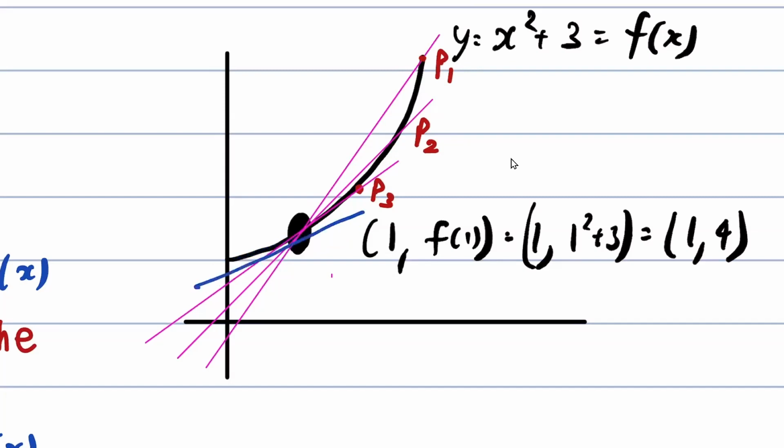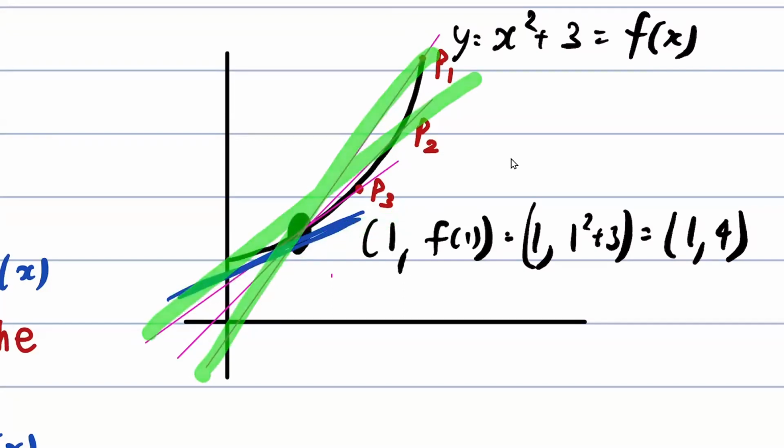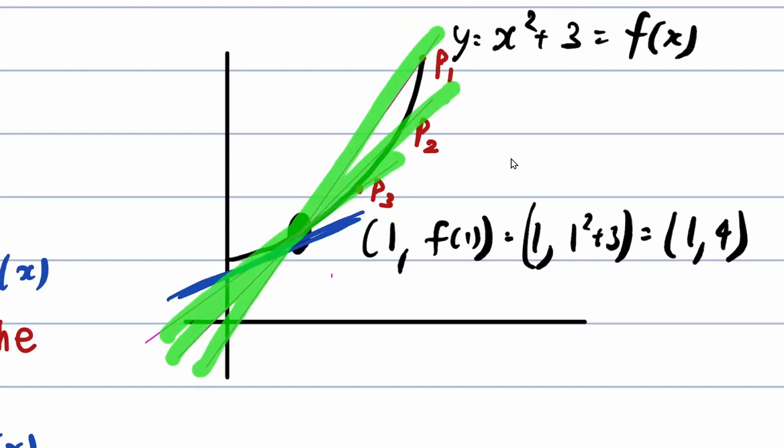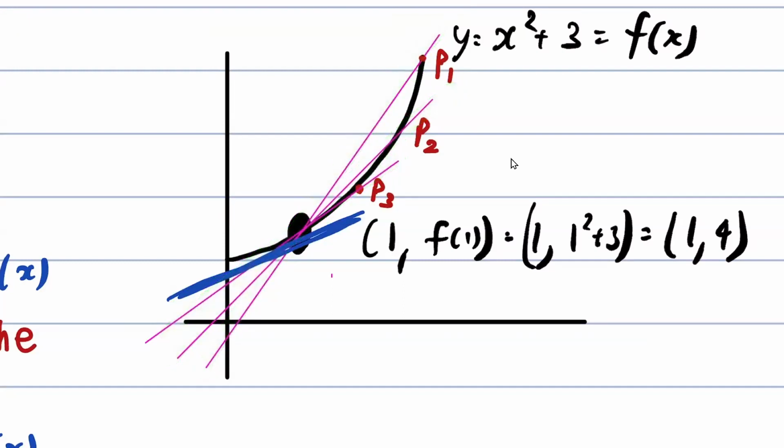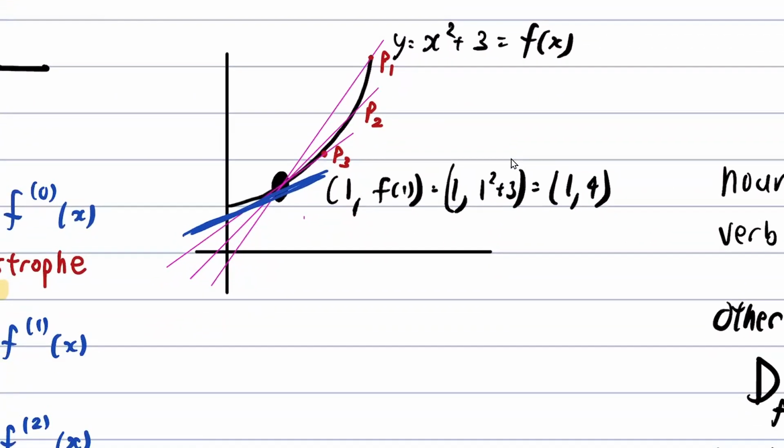Okay. Very good. So this idea of finding the gradient of a tangent line can be approximated by finding the gradient of all these secant lines. Find the gradient of P1, then P2, then P3. Eventually, the numerator and denominator will end up being 0 divided by 0.